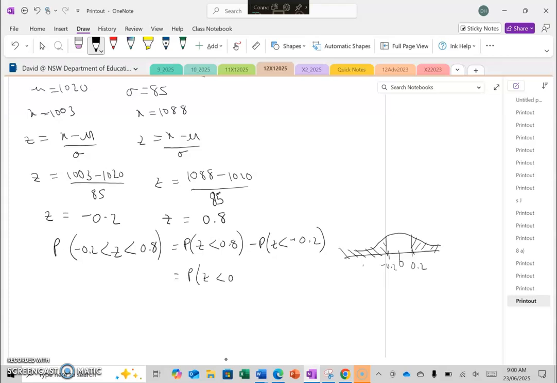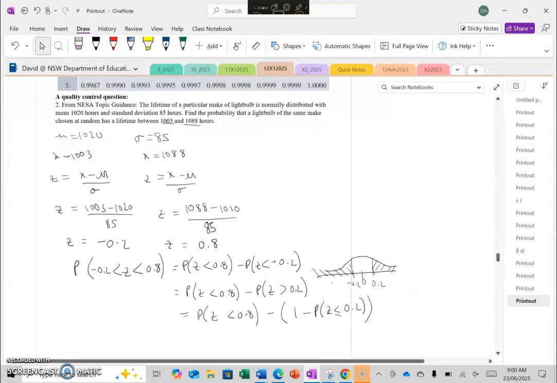So let's change that to Z being greater than 0.2. And then the table tells us less than, so we've got to do a 1 minus the probability of Z less than or equal to 0.2.